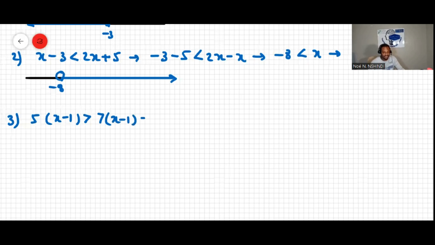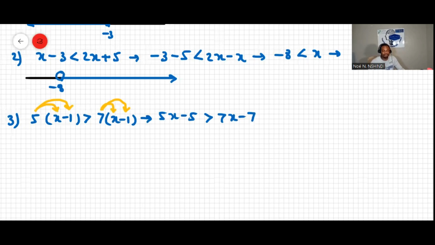So in this case, if for instance we extend this, okay, with times, we do 5 times x and then 5 times negative 1, and then 7 times x and then 7 times negative 1. Okay, so this would be like what? 5x minus 5 greater than 7x minus 7.